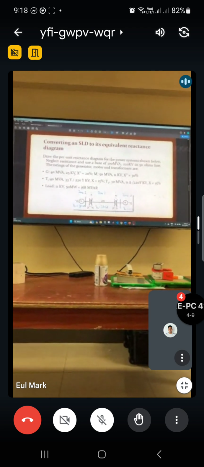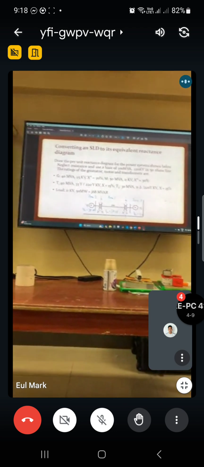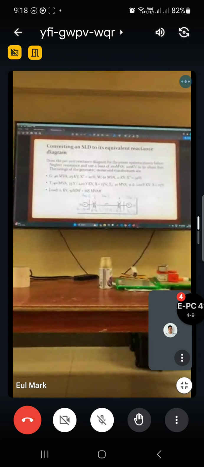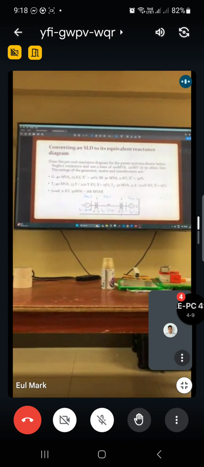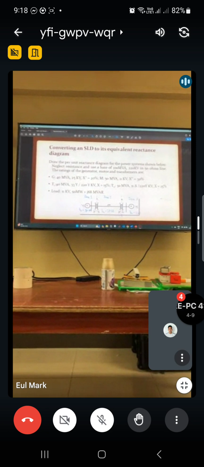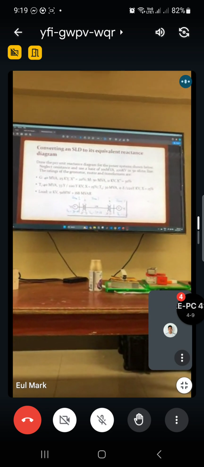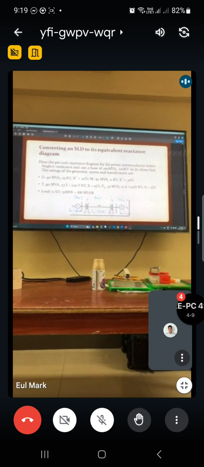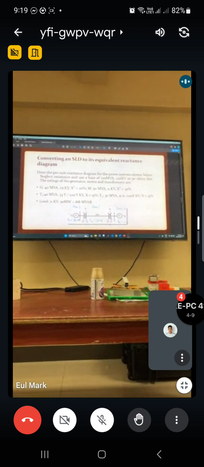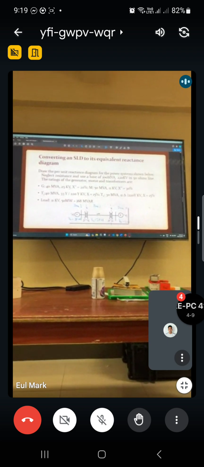Be careful, this is a usual mistake by students: they refer to the primary side but use the secondary base voltage. That would not make sense.